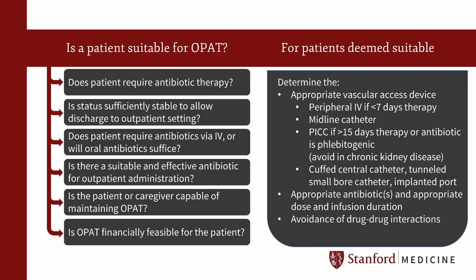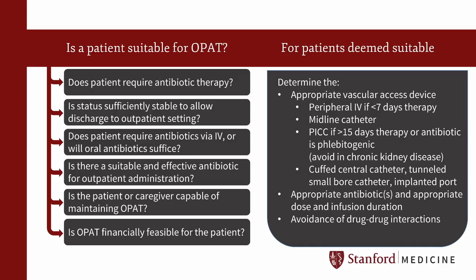Alternatively, a midline catheter can be used, and perhaps most popularly, a PICC line is used, and this is recommended if greater than 15 days of therapy is to be administered or the antibiotic is likely to cause phlebitis.